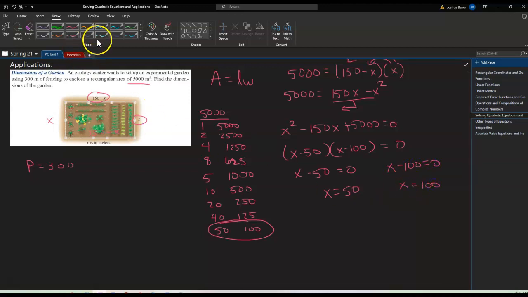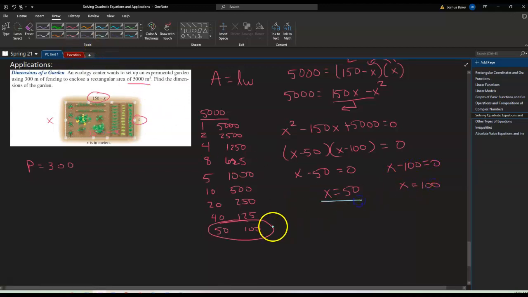Okay, so let's talk about this answer here of 50. So if I have a perimeter of 300 and I have 2 lengths and 2 widths, okay, well, if x is my width, right, that means that I've got 50 here and 50 here.